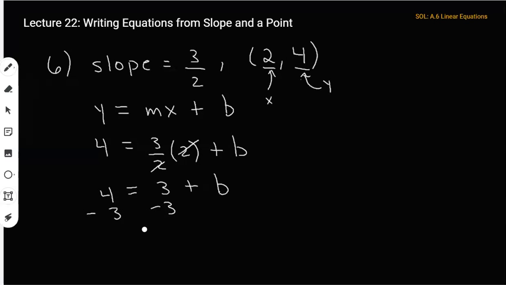That'll get rid of the 3. And once I do that, the 3 and the -3 are going to cancel out. And on the other side, I'm going to have 4 minus 3, which is 1. So b equals 1. That's going to be my y-intercept.